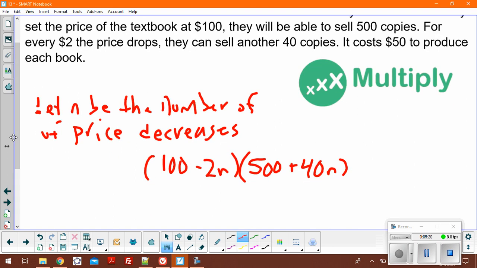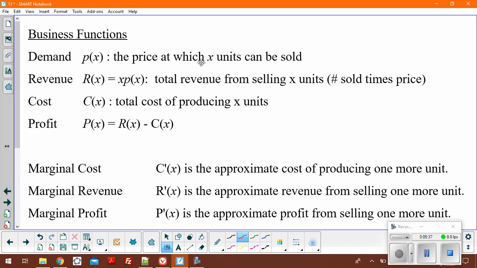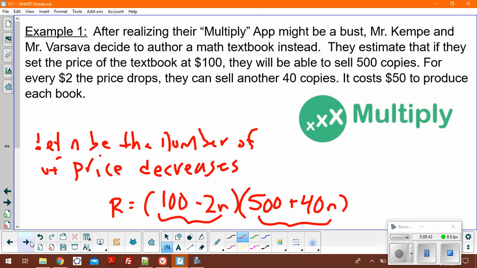Then my total revenue would be equal to this, because this part is my price, and this is how many I sold. The difference here is that I'm not modeling the number of times I'm changing the price. All of these functions are in terms of how many items I am selling, not the number of times I change the price.